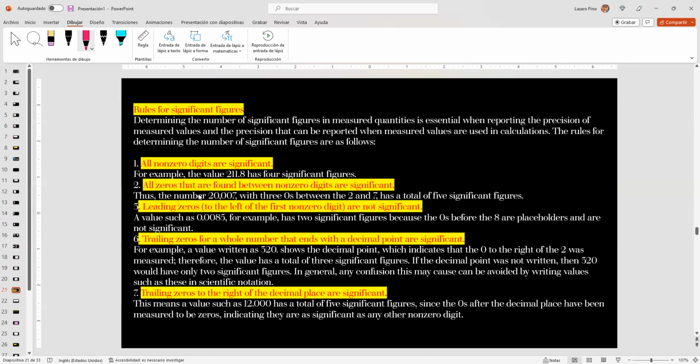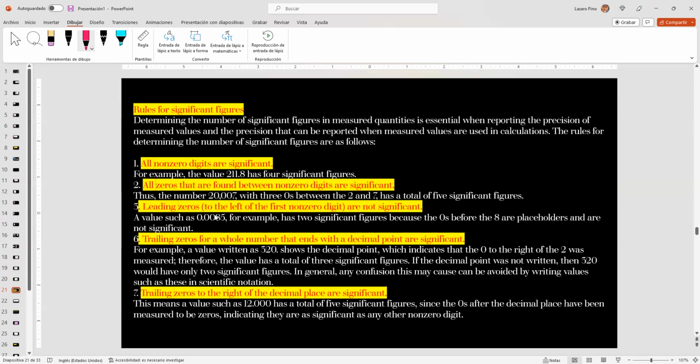In this number, you can see that you have 1, 2, 3 zeros between two digits different from zero. In this case, you consider all these zeros significant. So this number has 1, 2, 3, 4, 5 significant figures.